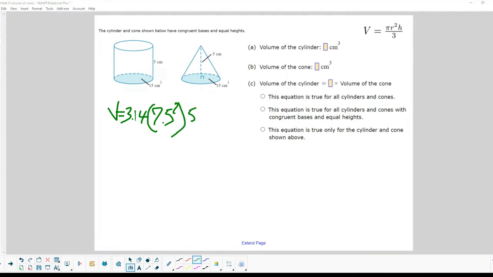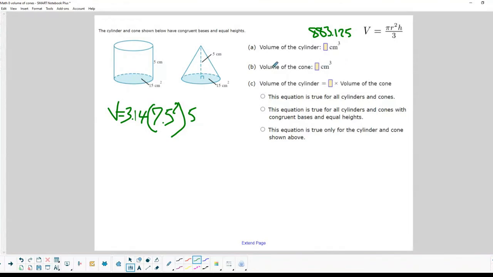So using my calculator, that's going to be 3.14 times 7.5 times 7.5 times 5. So that's 883.125 centimeters cubed.